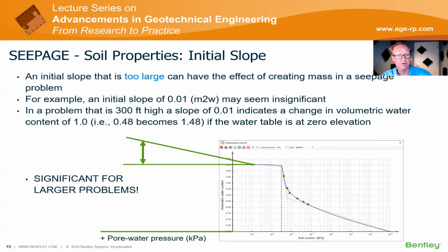So your volumetric water content goes from 0.48 to 1.48 and essentially creates water in your model. And so this slope should be much smaller to avoid this type of scenario.